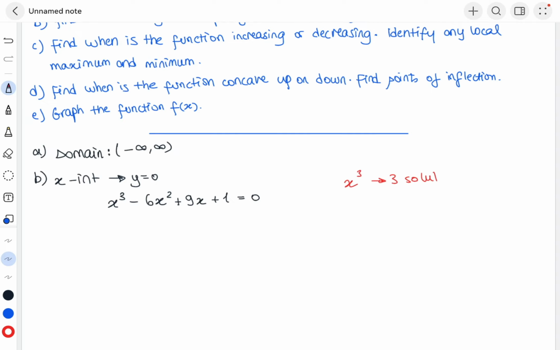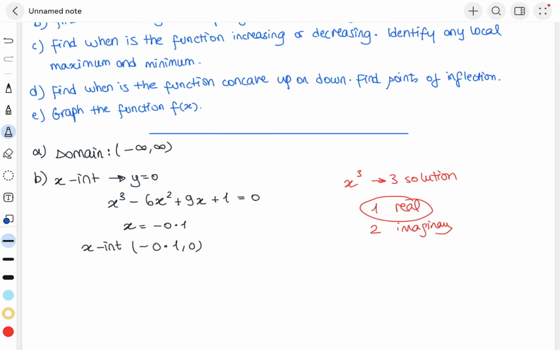Here, we'll have one solution to be real and two solutions to be imaginary. So we'll only take the real solution. We can solve it on the calculator and you'll get x equal to negative 0.1. So our x-intercept will have coordinates negative 0.1, 0. This is our first point for the graph.